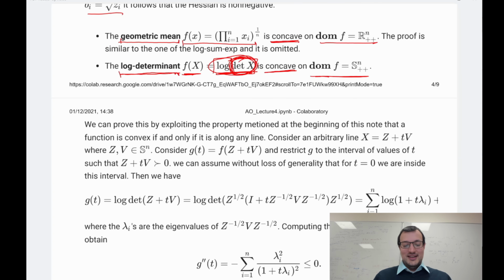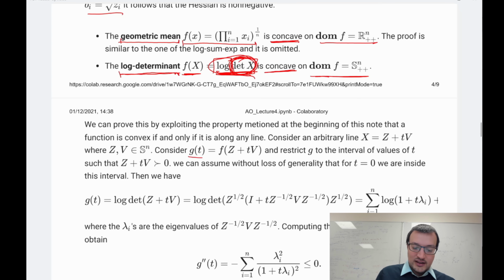Actually, we're going to prove it. Okay, I didn't notice that I actually wrote down the proof. So let's prove this condition, the fact that the log determinant is concave. The way in which we do it is that we exploit the property I mentioned before, that to check if a function is convex, we can check if it's convex on any line starting from a point in the domain.